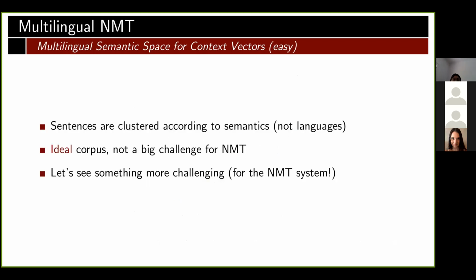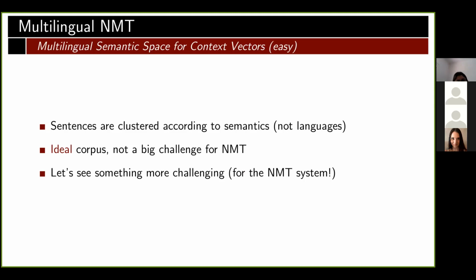But this case can be seen as a very ideal case, because we were using 5 languages in the TED Talk corpus. So we have the same corpus for all the languages. So it was quite homogeneous. The size for all the languages was also the same, because the corpus is the same.